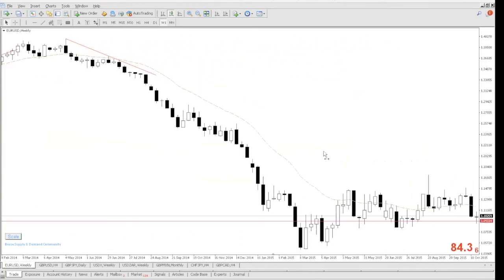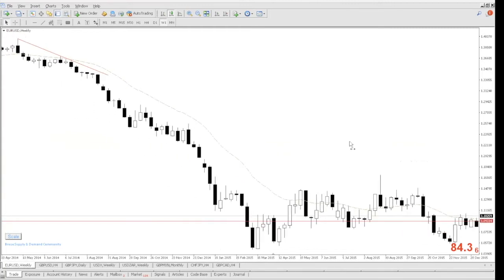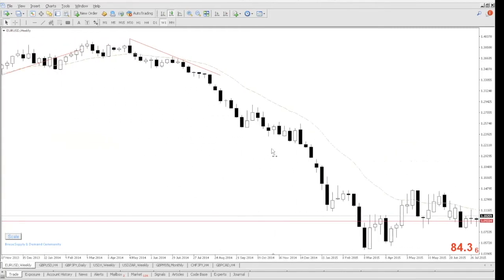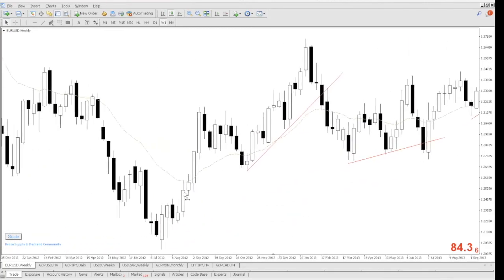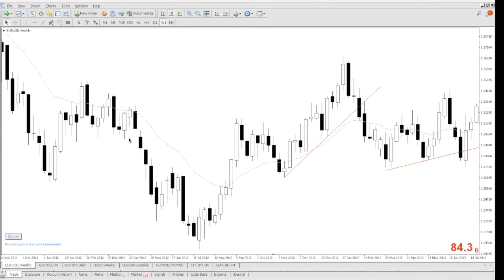It's dropping. So you can enter as price is dropping, or you can sometimes wait for the pullback, or sometimes when the dynamics of that bearish chart change, it will break the trend line. Break a trend line meaning it will cross the trend line.